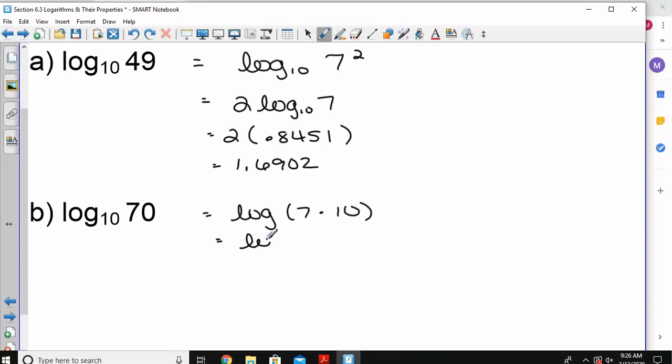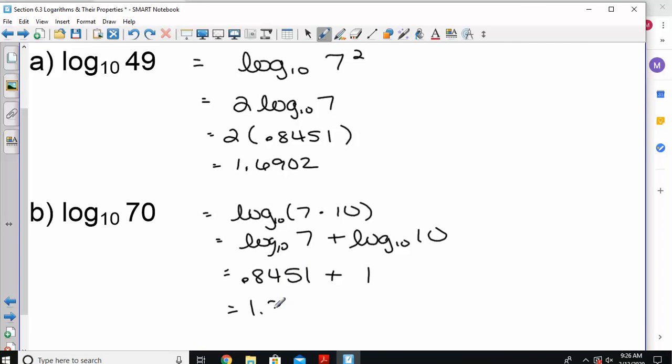And then we know we could add those: log base 10 of 7 plus log base 10 of 10. Log base 10 of 7 I told you was 0.8451. What is log base 10 of 10? We get 1.8451.